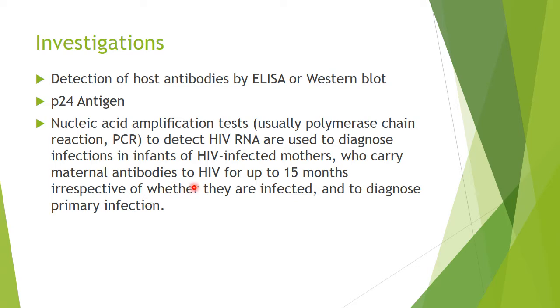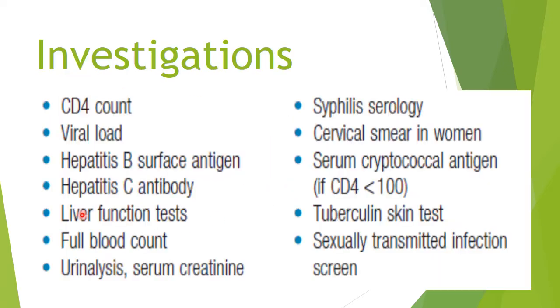Also, it can determine HIV in the infants born to HIV infected mothers, and it can determine primary infection where there are no antibodies. So NAAT or PCR can also be used in infants up to 15 months of age born to HIV infected mothers and to diagnose the primary infection.